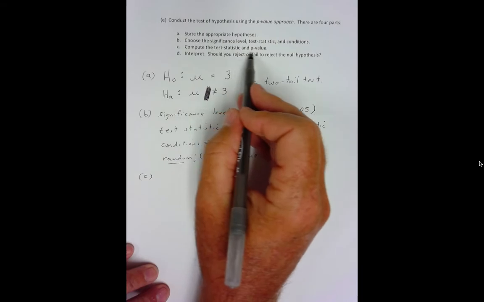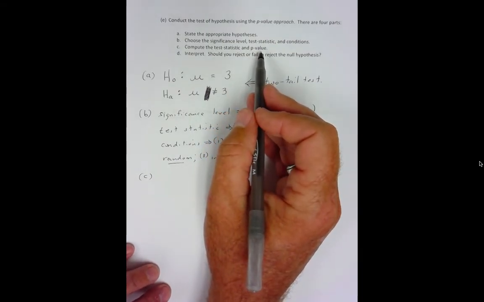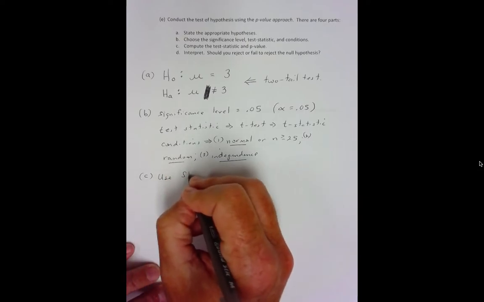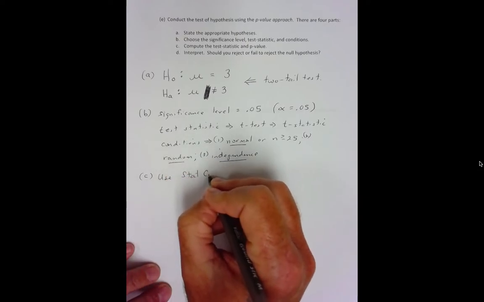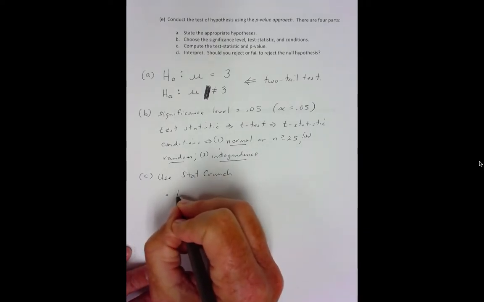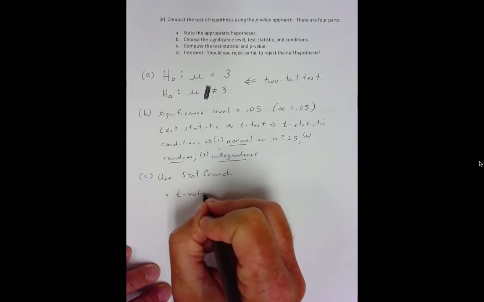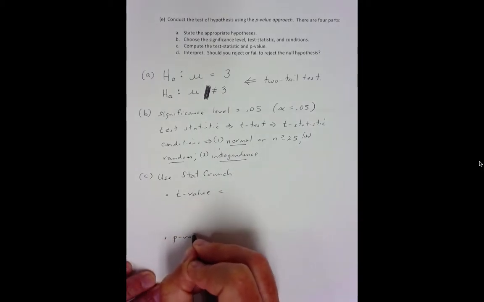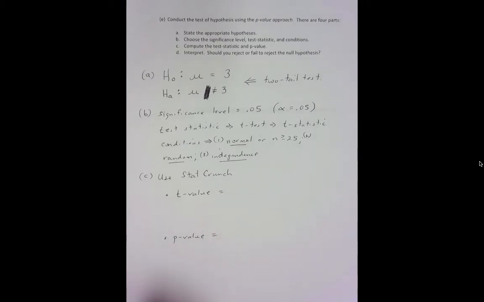C, compute the test statistic and the p-value. Well, guys, I'm going to use StatCrunch to calculate these two things. Our t-value and our p-value.